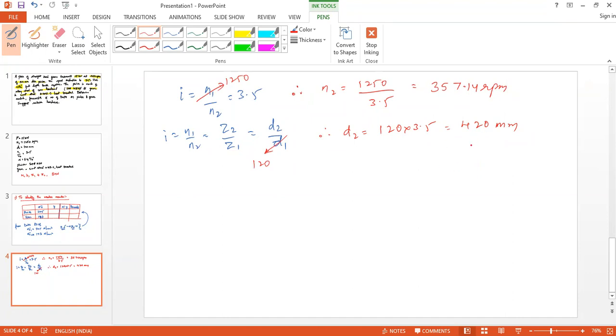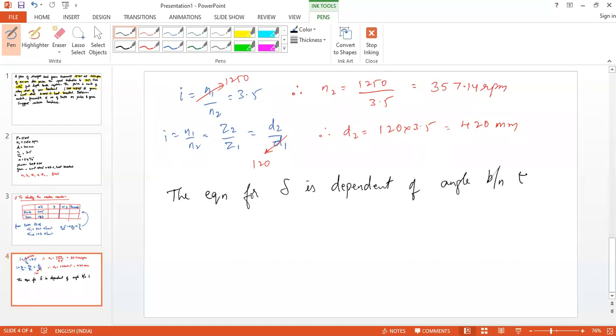Now to find the value of delta, we need to know whether it is an acute angle bevel gear, as the equation for delta is dependent on the angle between the shaft axes, that is less than 90 degrees, greater than 90 degrees, or equal to 90 degrees.